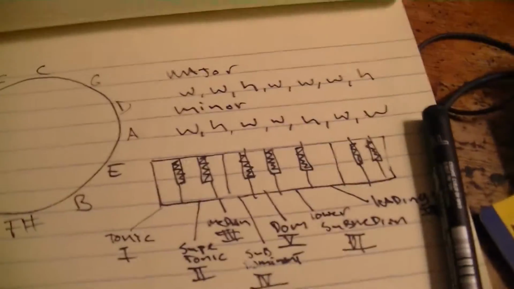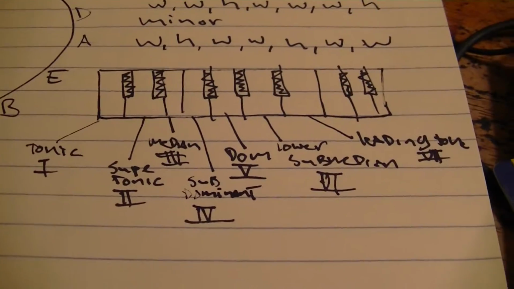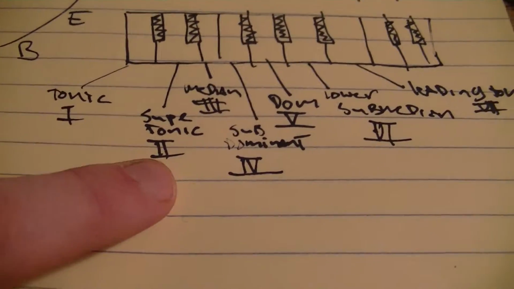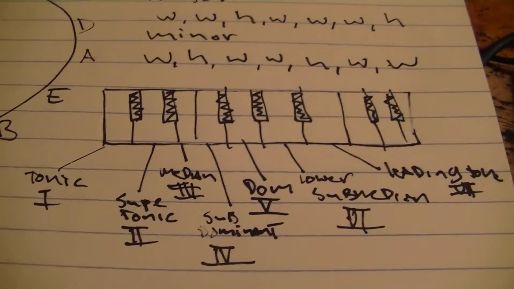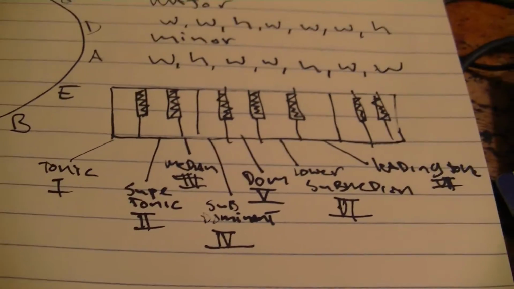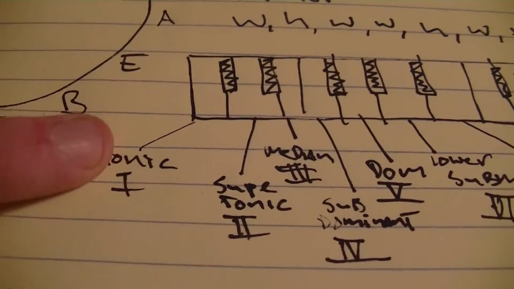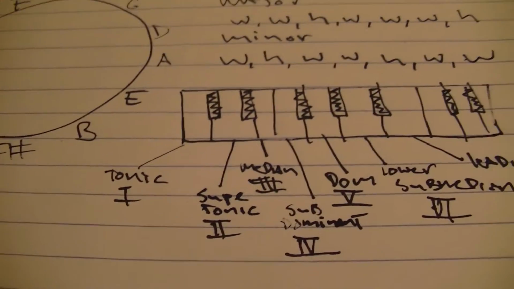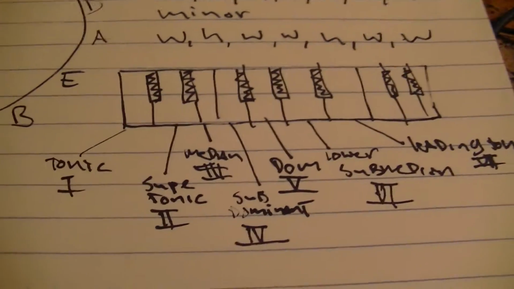So cool. What does that mean in relation to the big picture? I have a drawing of a keyboard, and these are what music theory scholars use to organize the keyboard or fretboard or scale or whatever you want to call it. The first note is called the tonic, and it can also be called the root. Then we go one whole step above that would be the supertonic.